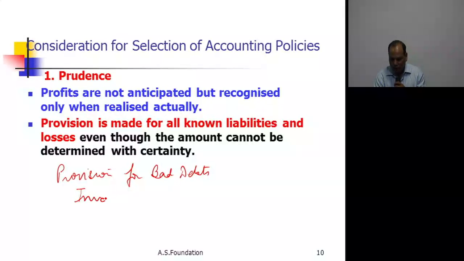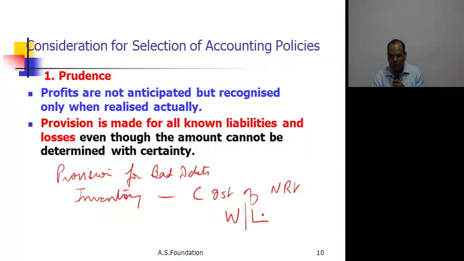Inventory is valued at cost or NRV, whichever is lower. Why? Cost on the balance sheet date is 100. Market price is 90. We will recognize the inventory value at 90, which means before selling the inventory, we have recognized a loss of 10 rupees.